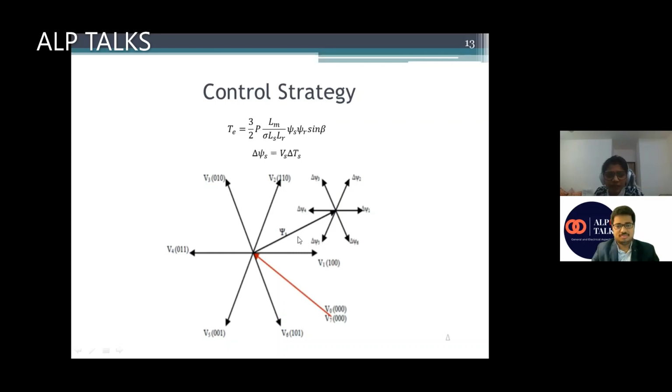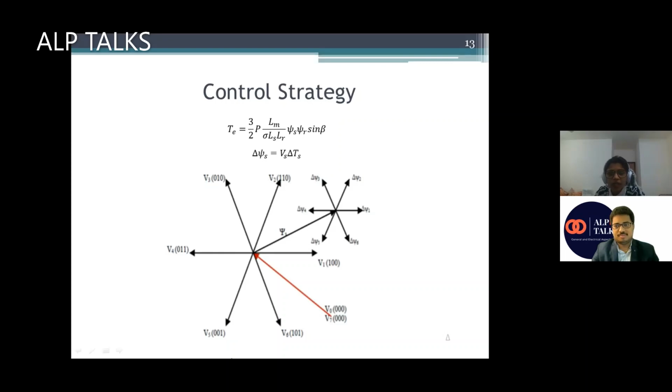So let us suppose in sector 1, our vector is this, which is shown by psi 5. And if I choose the vector psi 2, the resultant flux will increase, as you can see. If I see the angle between the two fluxes, it is also increased, that means our electromagnetic torque is also increased.